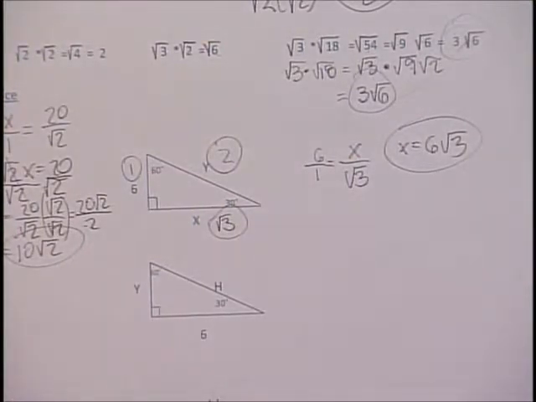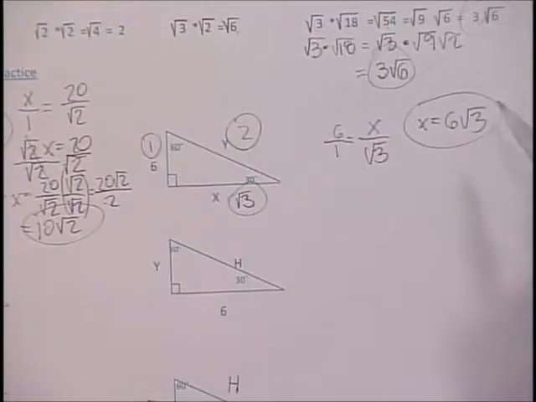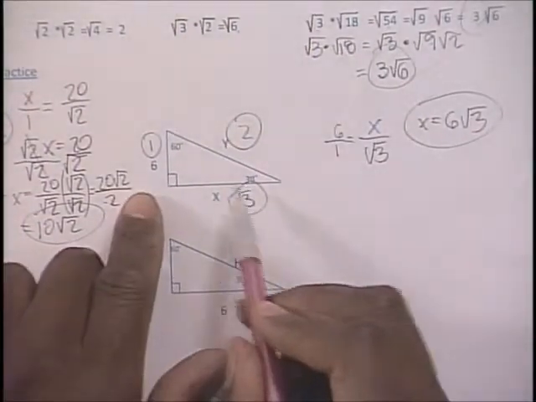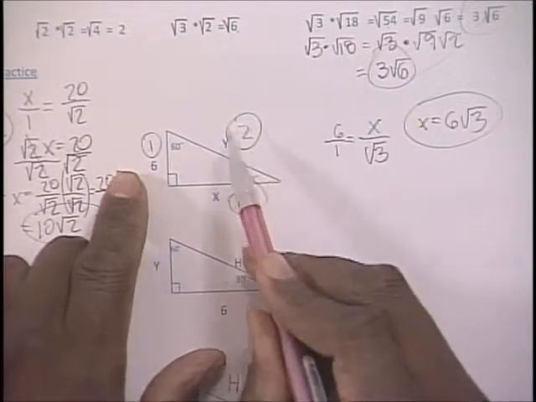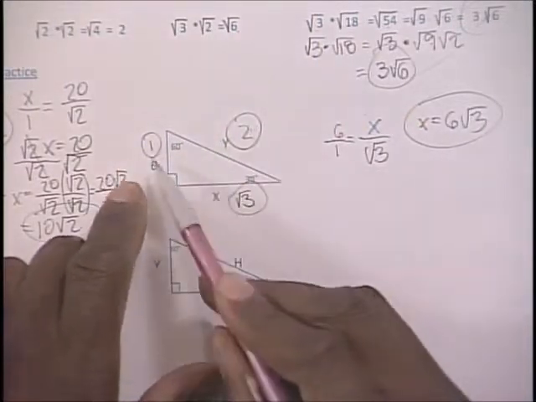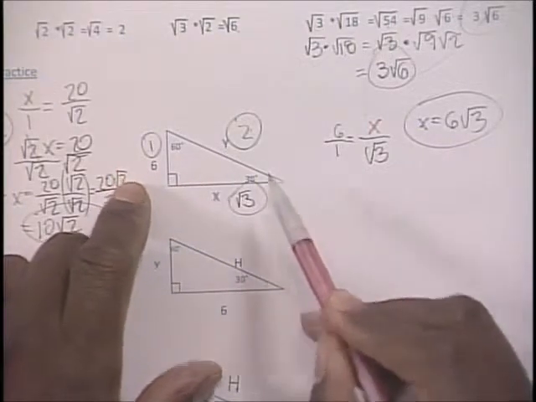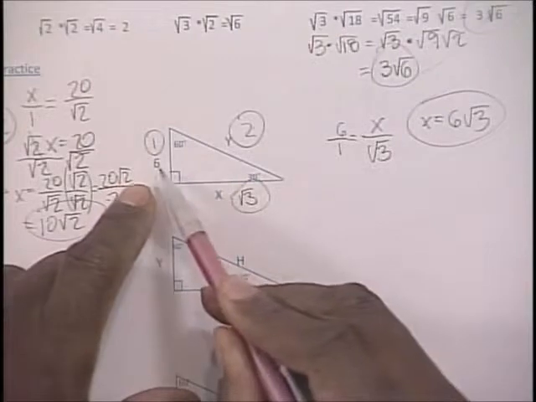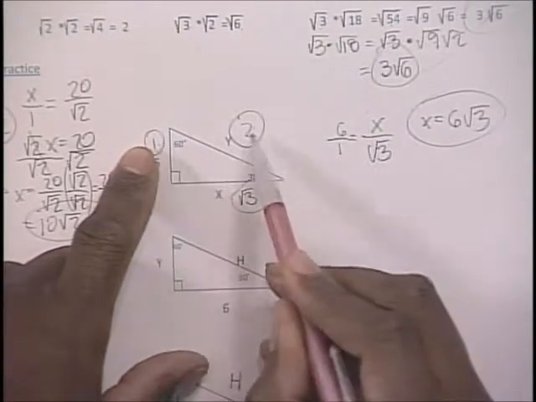Now for y, a shortcut for y is to observe that this is a 1-to-2 ratio. A 1-to-2 ratio does not mean that this leg is 1 and this leg is 2. What a 1-to-2 ratio means is that if this is 1, that's 2. If this is 2, that's 4.